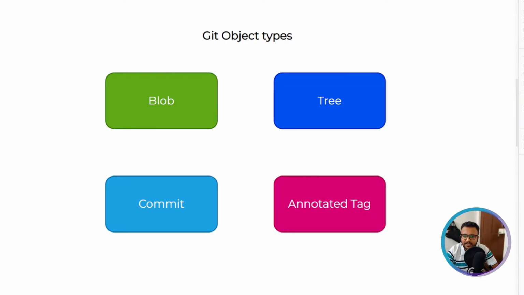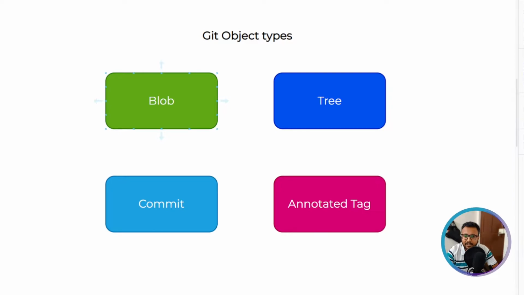Git file system deals with four types of Git objects: blob, tree, commit, and annotated tag. Any type of file, like a photo, video, or any other file extension, will be stored as a blob. Let's say we create Python code in one file with the extension .py. The file content of the .py file will be stored as a blob in the Git file system.